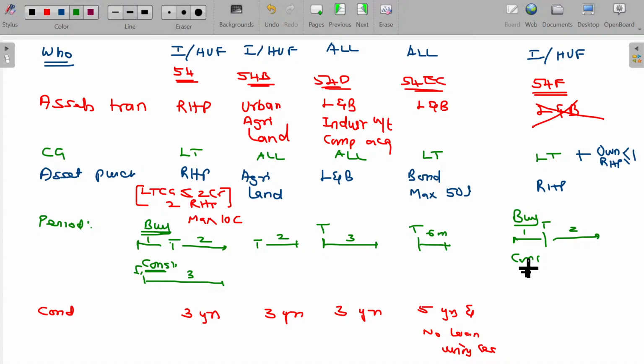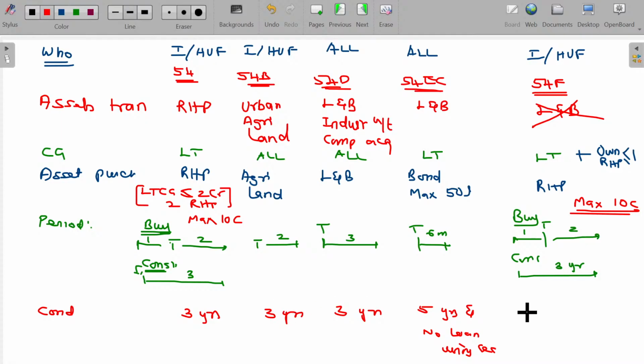In case of construction, 3 years from the date of transfer. Apart from that, maximum 10 lakhs is eligible. Sorry, 10 crore. Okay. So 10 crore. Clear.